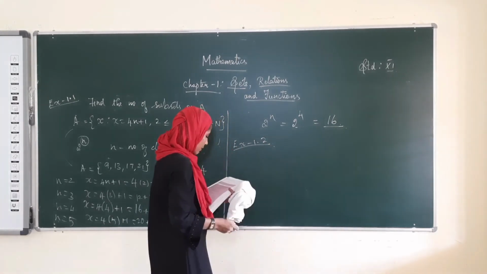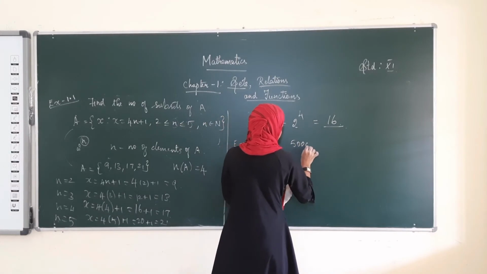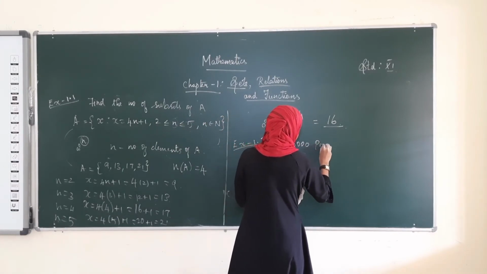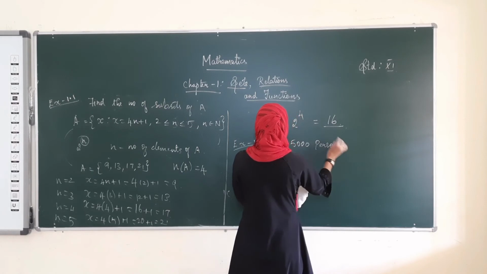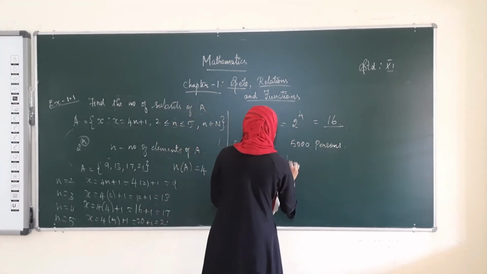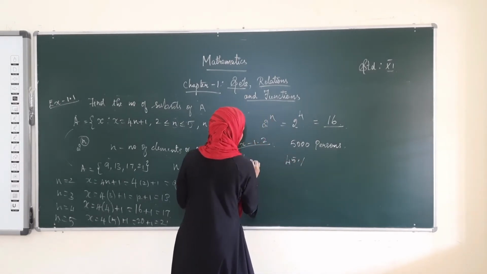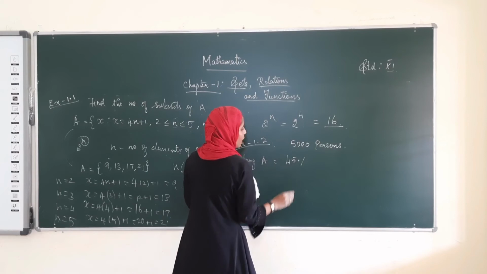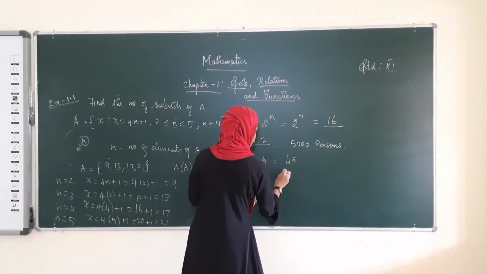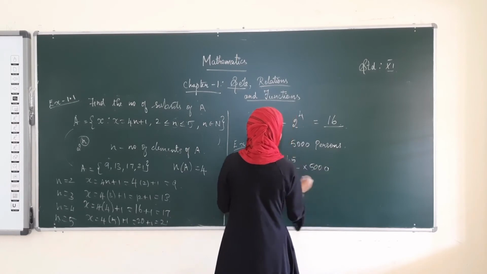What they have given: in a survey of 5,000 persons in a town, it was found that 45% know language A. That is 45% of these people, 45 by 100 into 5,000.